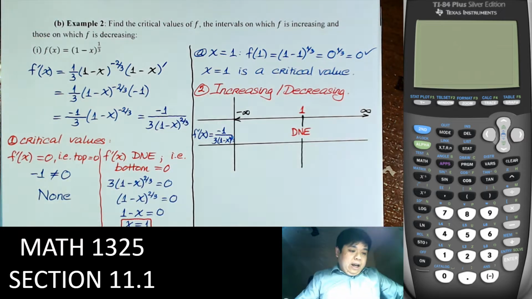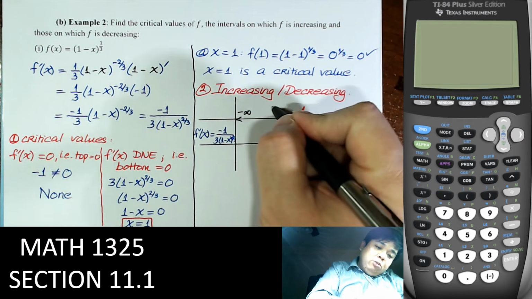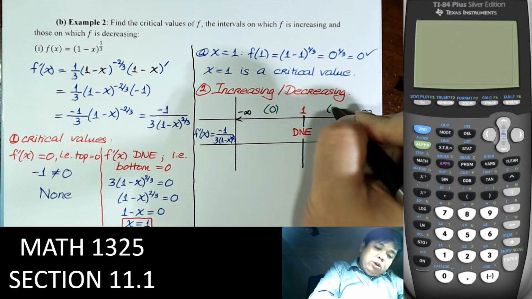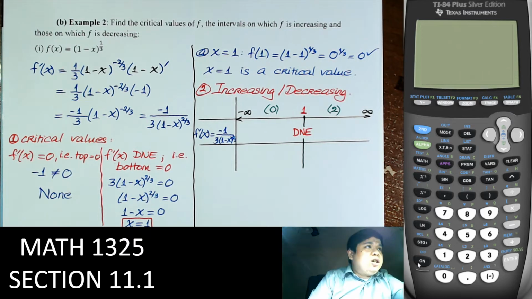Then we'll pick a point between negative infinity and 1, that will be 0, and between 1 and infinity, that will be 2. That's simple enough. You can just use the calculator.